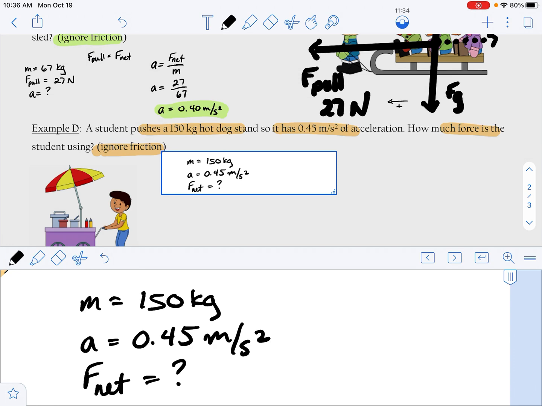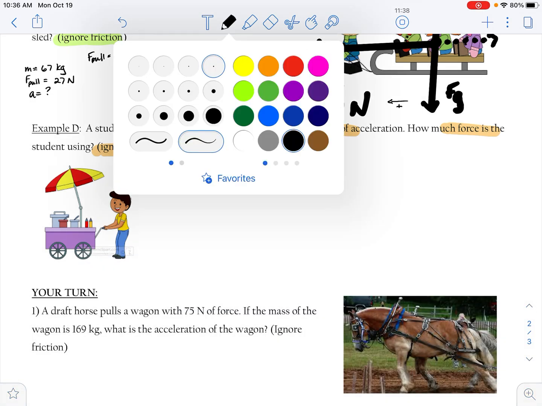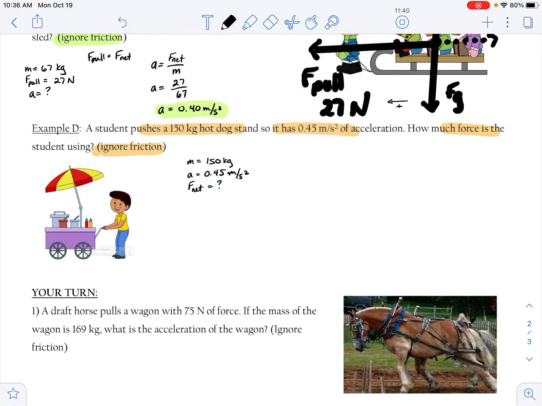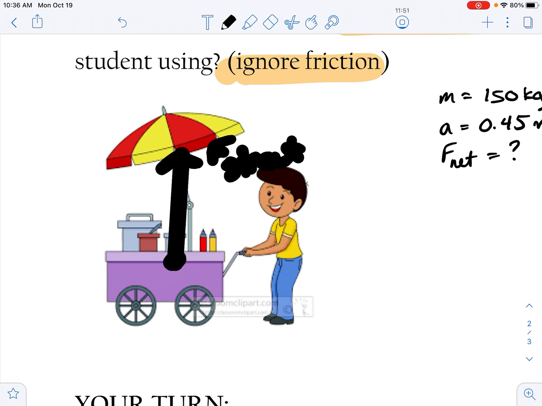So we need to draw our free body diagram here. So again, there's my dot in the middle. I have the force of the street going up, I have the force of gravity going down, again, those are going to be about the same size because they cancel each other out.